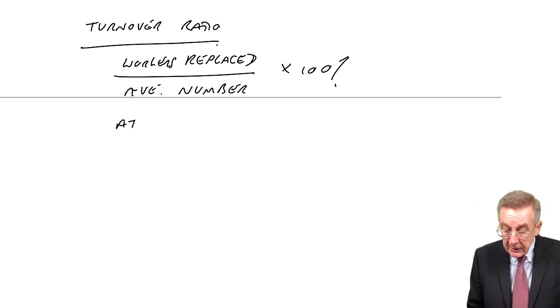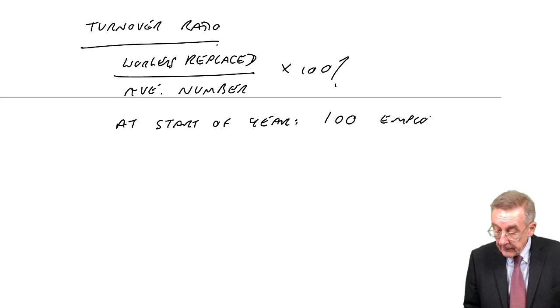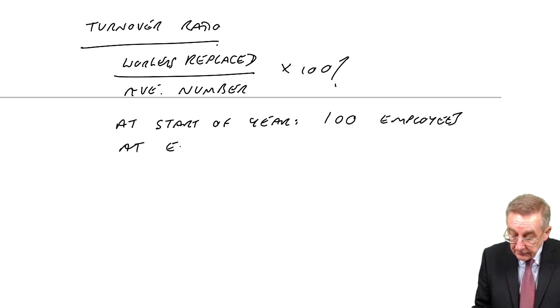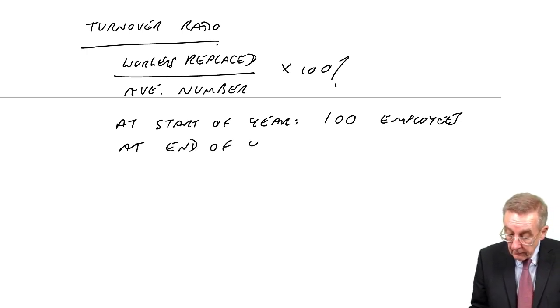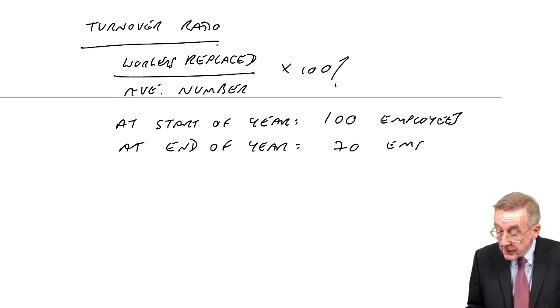Suppose I tell you at the start of the year, we had 100 employees. At the end of the year, we only had 70 employees. We didn't need as many people.